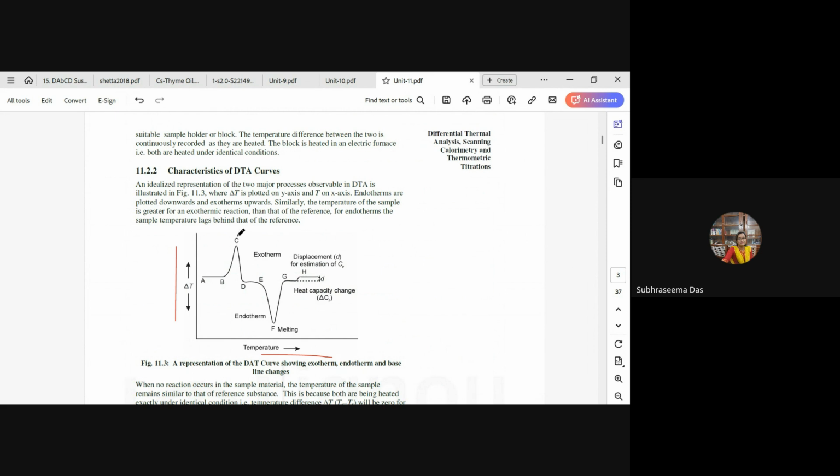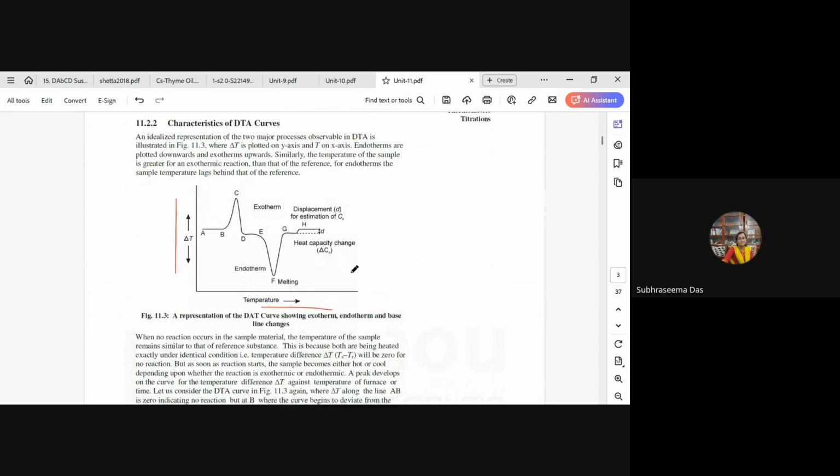So here C is the exotherm and F is the endotherm. The temperature of the sample is greater for an exothermic reaction, and for endotherms the temperature is less than that of the reference.